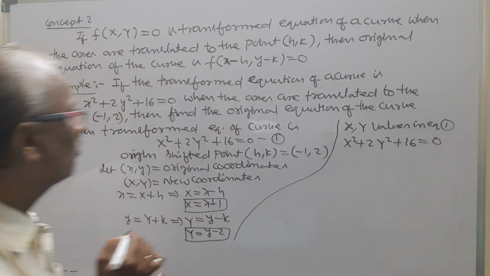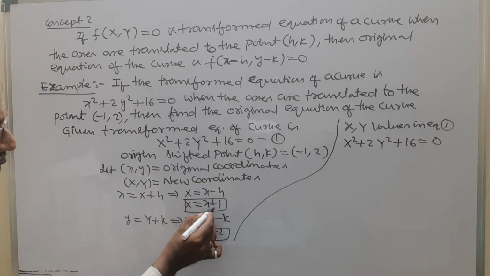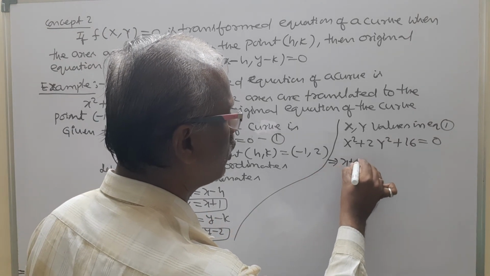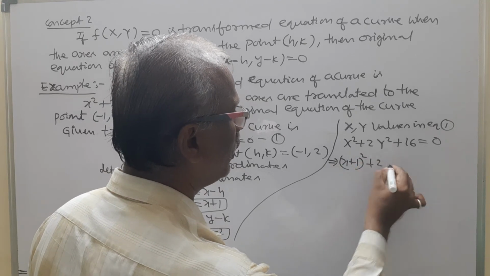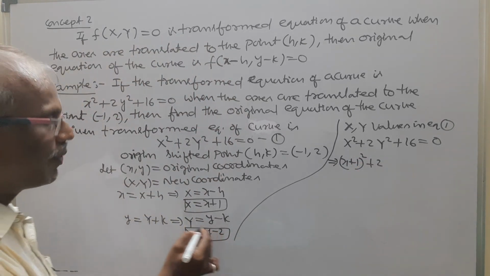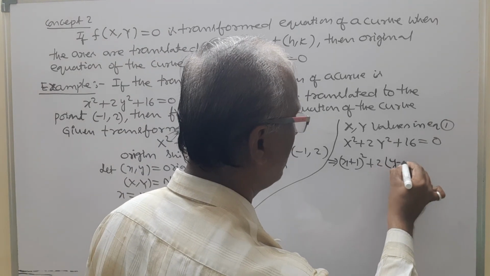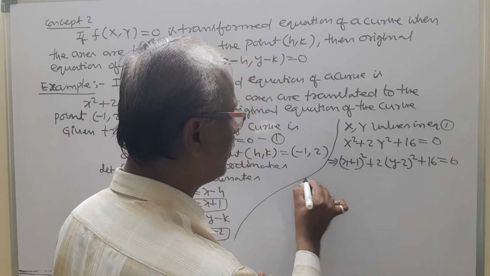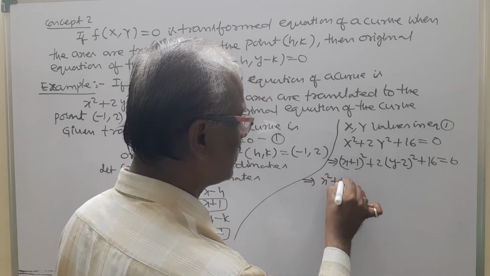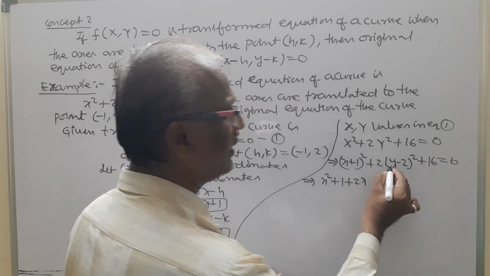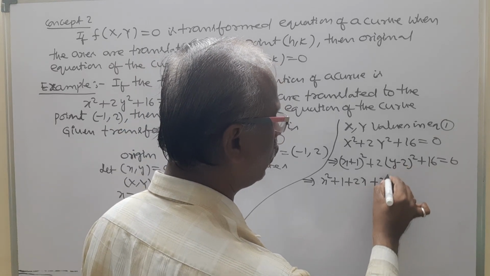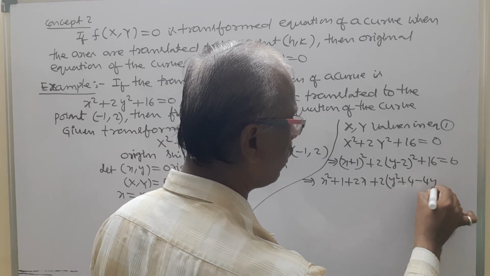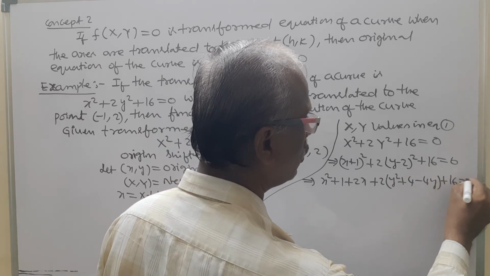In capital X, the value is small x plus 1 whole square, plus 2 into capital Y, small y minus 2 whole square, plus 16 equal to 0. Here the expansion a plus b whole square: x square plus 1 plus 2x. Here the expansion a minus b whole square: 2 into y square plus 4 minus 4y, plus 16 is equal to 0.